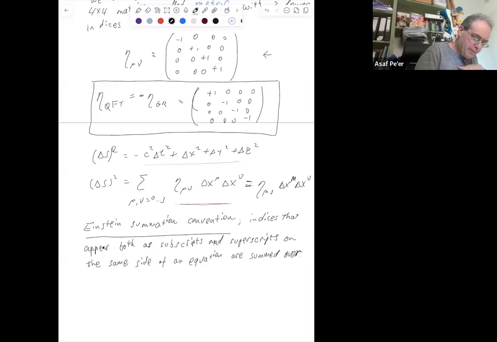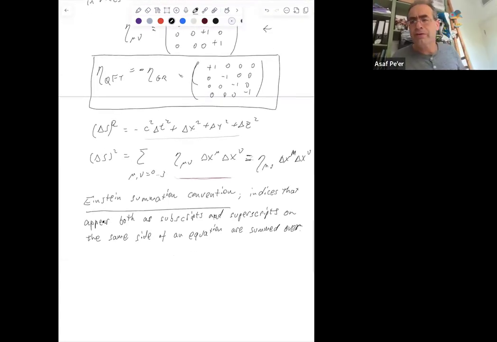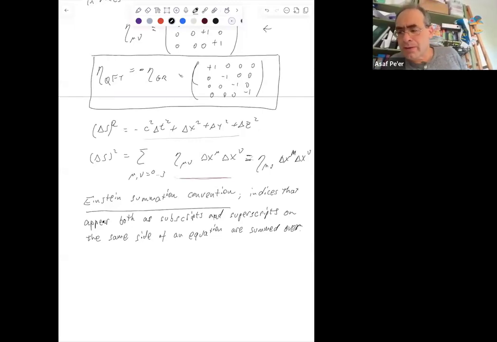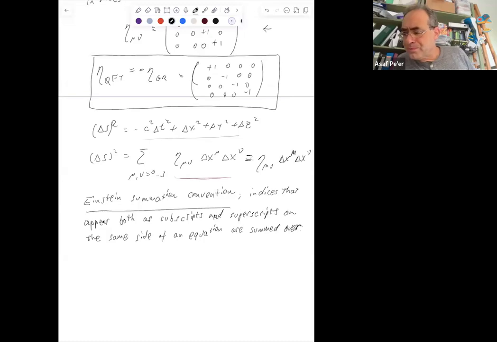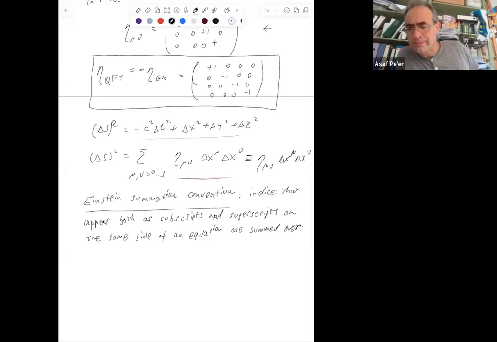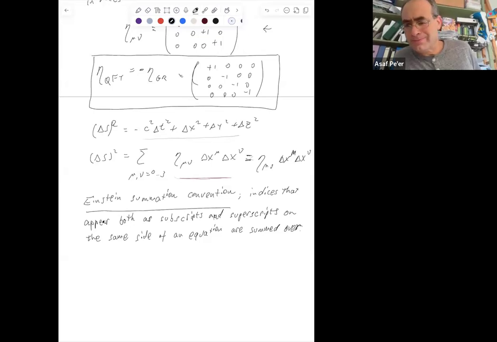Again, of course, the main idea is to confuse the poor student that tries to understand what's going on here. Yes. Can you explain why the lower index is considered as contravariant and the upper is invariant? We will get to that. Don't worry. Everything is going to be clear.